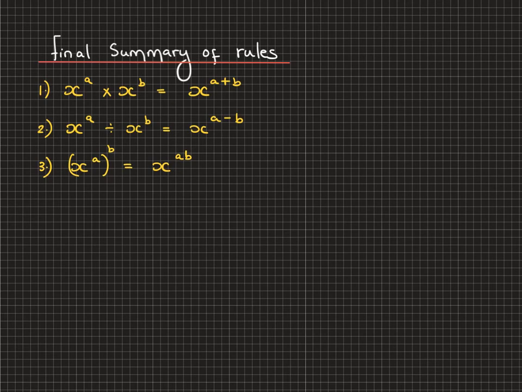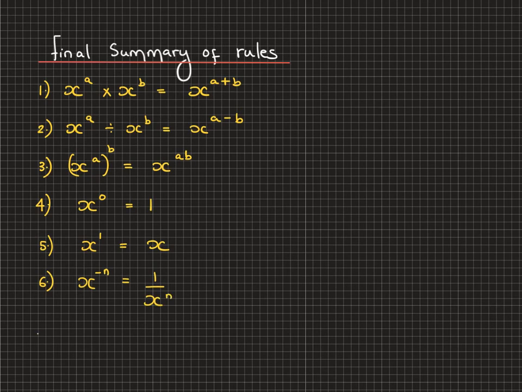We then reminded ourselves that x to the 0 is simply equal to 1. x to the 1 is equal to x. We then learned about negative indices. So x to the negative n is 1 over x to the power n, the reciprocal.